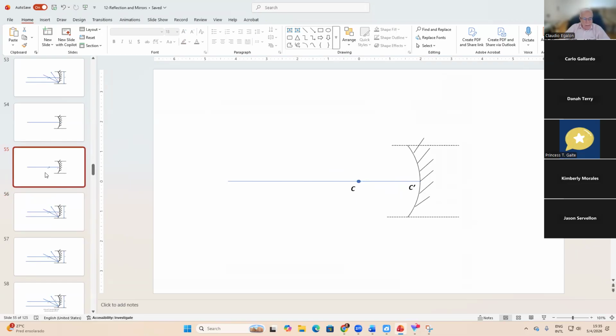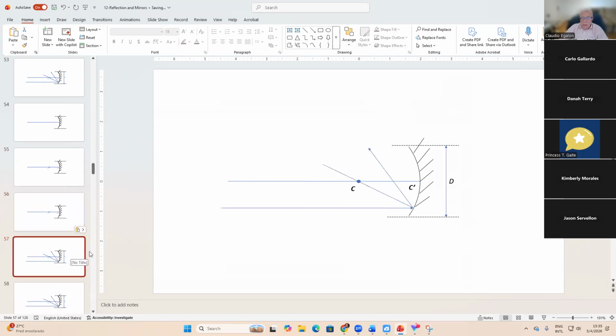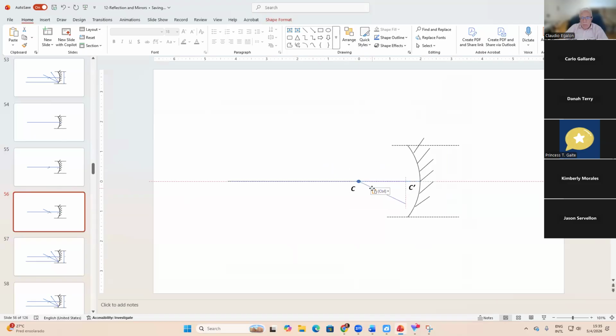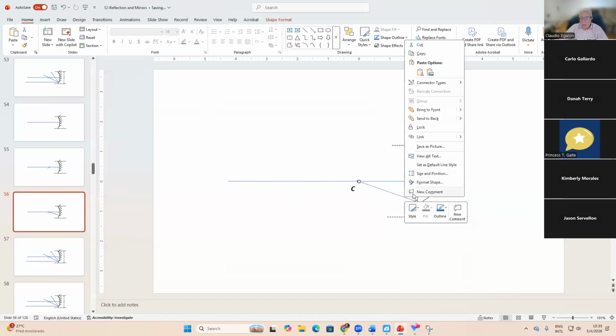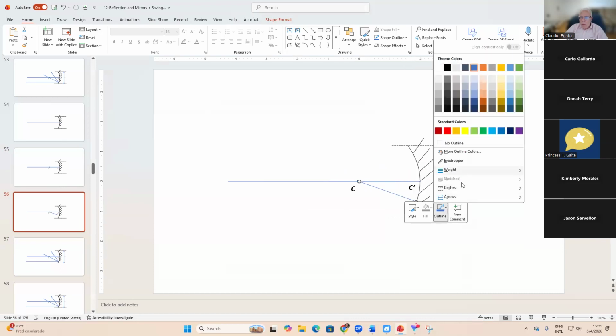Okay, I can go ahead. Let's see, I want an arrow here.